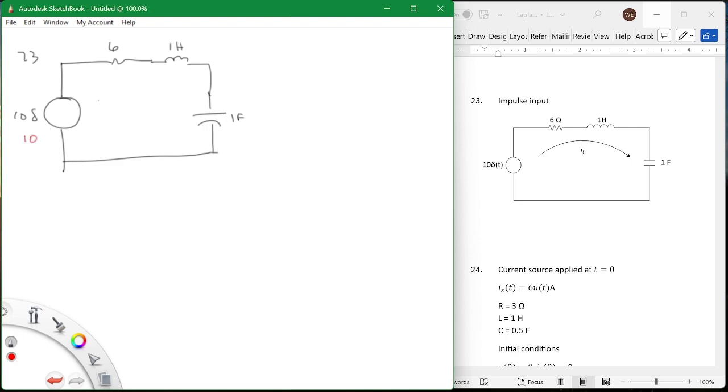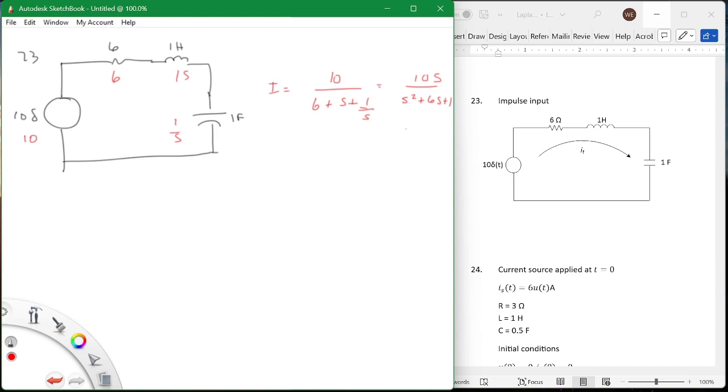Okay, so this is just a straight old 10, 6, 1, and 1s, and 1 over s. So now I've got I is equal to 10 over 6 plus s plus 1 over s, which is equal to 10s over s squared plus 6s plus 1.